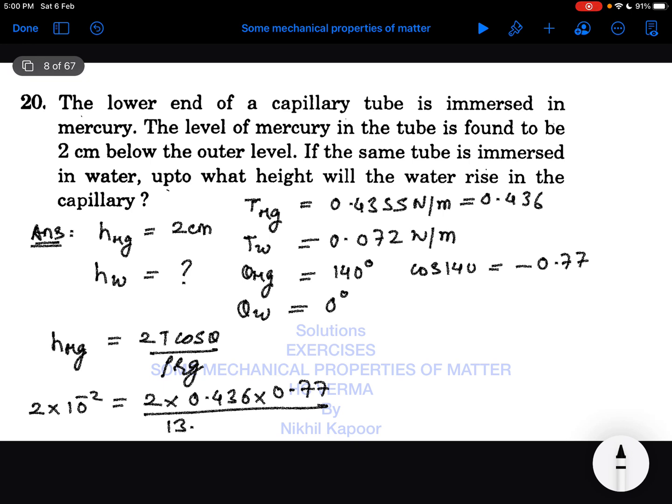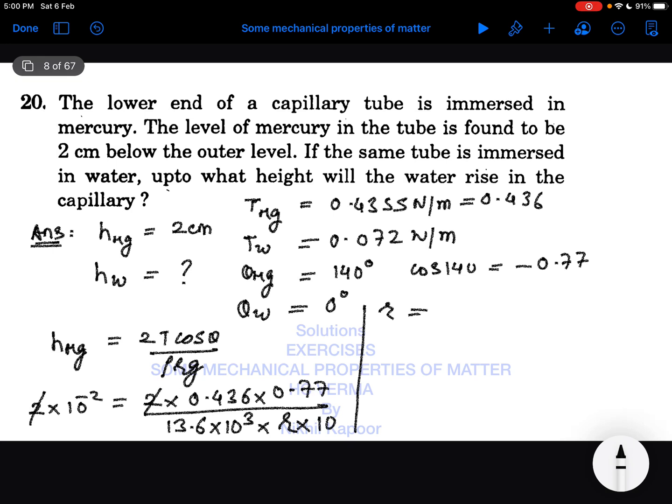The density of mercury is 13.6 into 10 to the power 3, into the radius of the capillary tube that we need to find, and the gravity, say we are taking 10 for easy calculation. Actually there is no easy calculation in this question anywhere, but still we are trying.